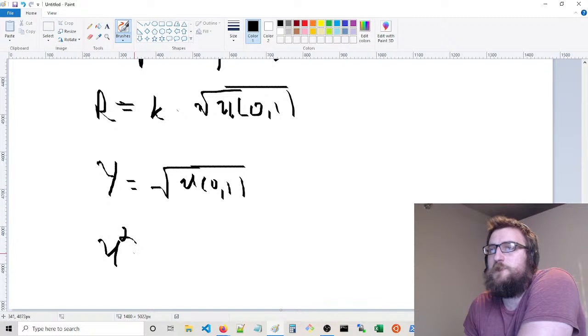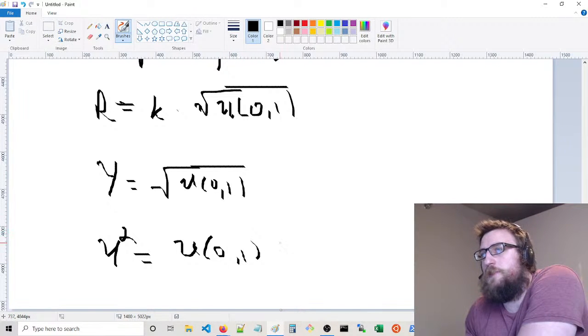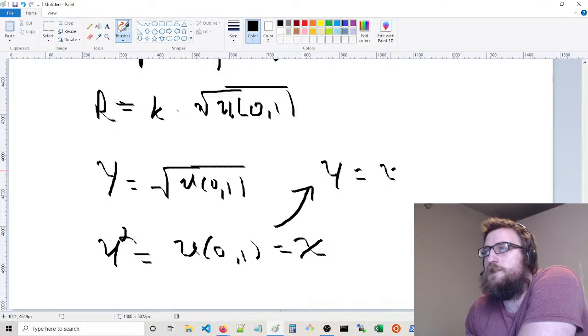That means that y squared equals this u of 0, 1. And we said before that if, let's call this x, which is 0, 1, which is to say that y is square root of x.